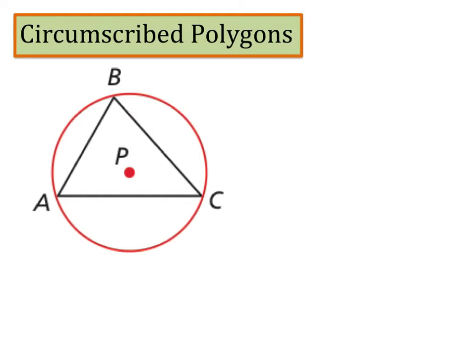Another term we want to familiarize ourselves with is what a circumscribed polygon is. So here, this triangle is circumscribed within this circle. So we say a circle that contains all the vertices of a polygon is circumscribed around the polygon. So we would say that this circle is circumscribed around the polygon.